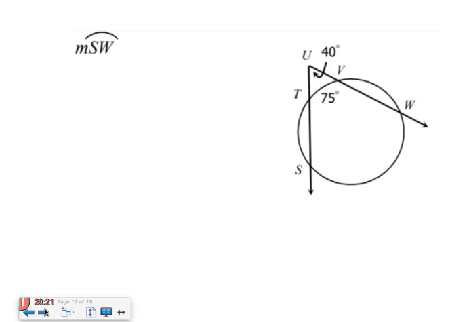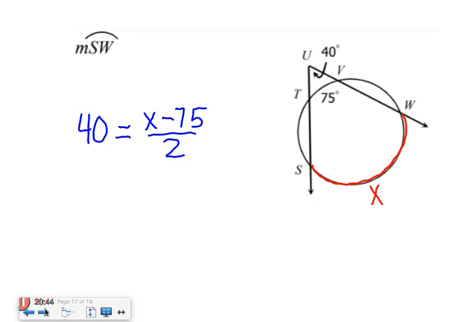Remember, it's your big arc minus your small.